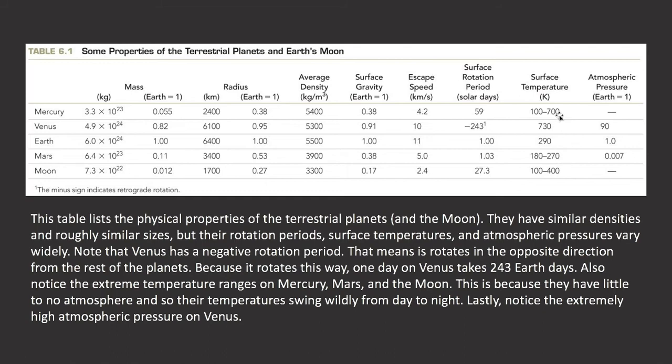Not as extreme as Mercury, but from 180 to 270 Kelvin. And similar story for the moon. No atmosphere to speak of on the moon, and its temperature also varies wildly from 100 to 400 Kelvin. So it can actually be hotter on the surface of the moon than on the Earth, or much, much colder.